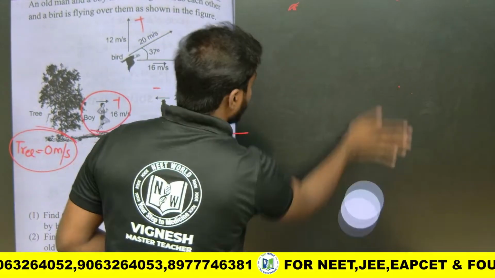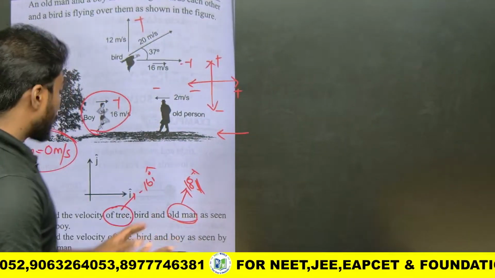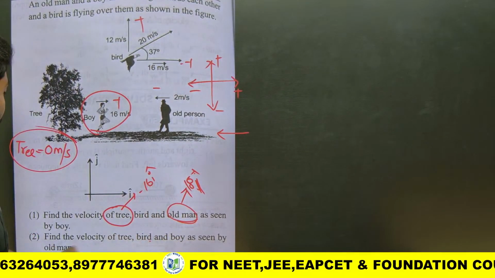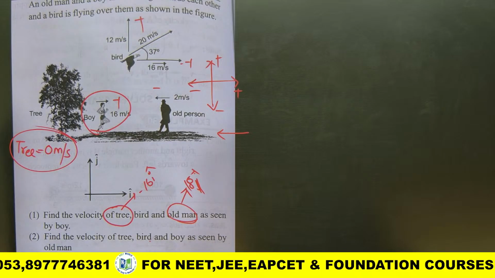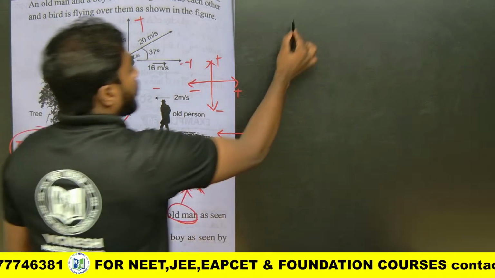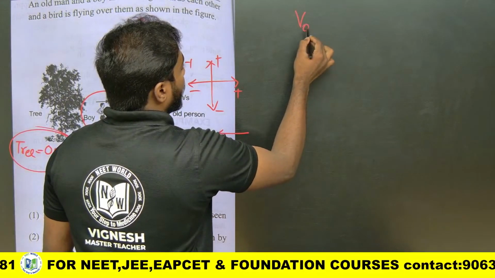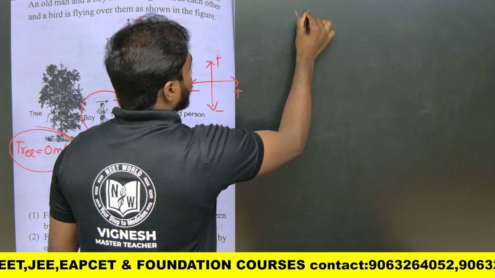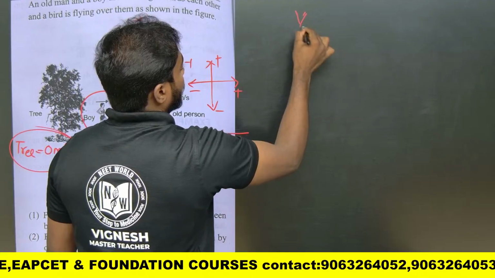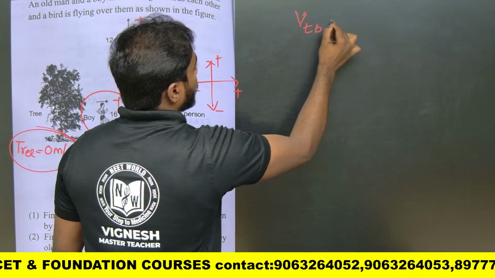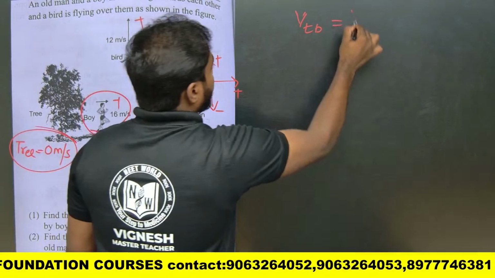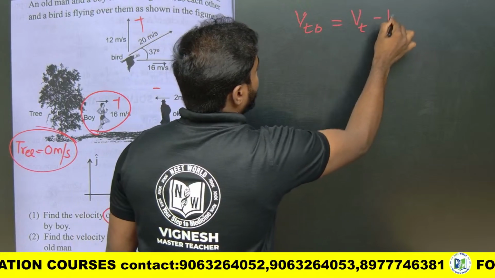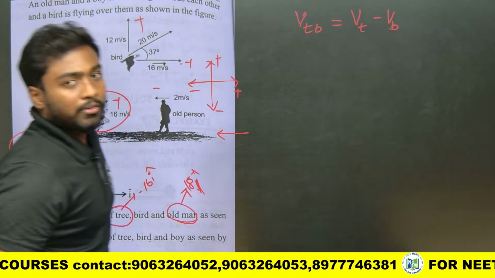See, a simple thing, keep in mind. Now, velocity of the tree with respect to the bird, which is equal to velocity of the tree minus velocity of the bird.